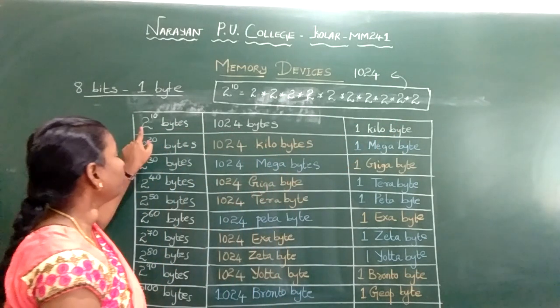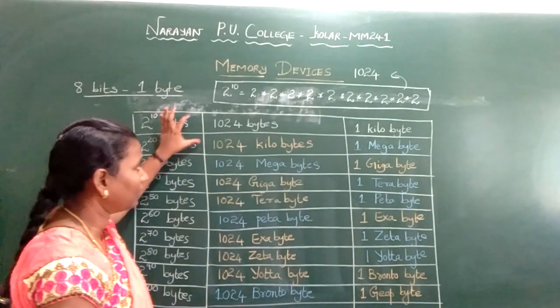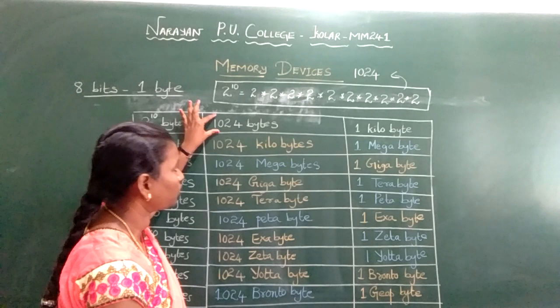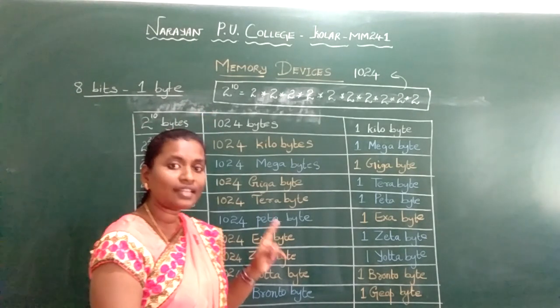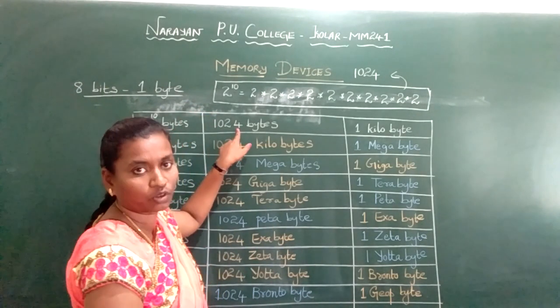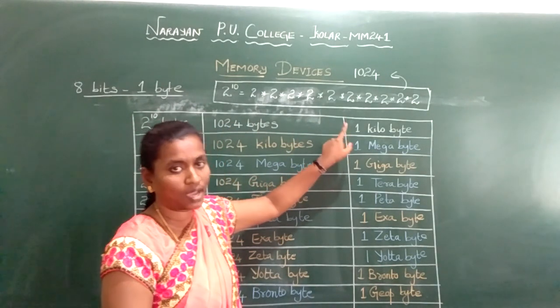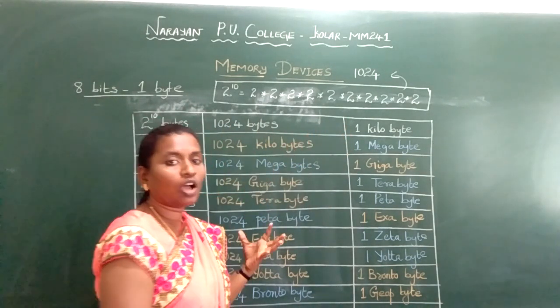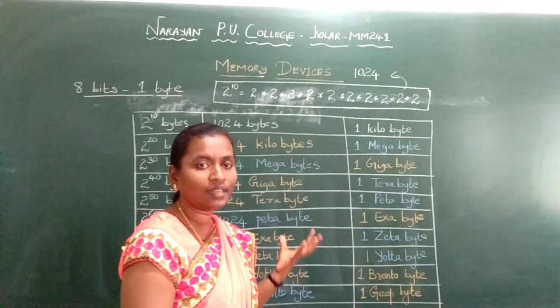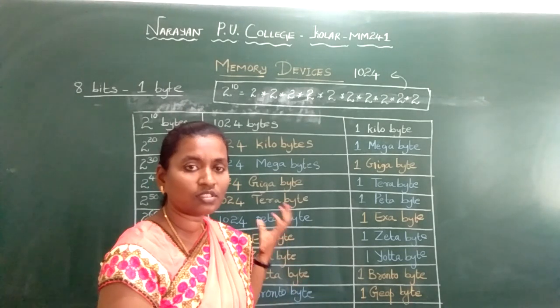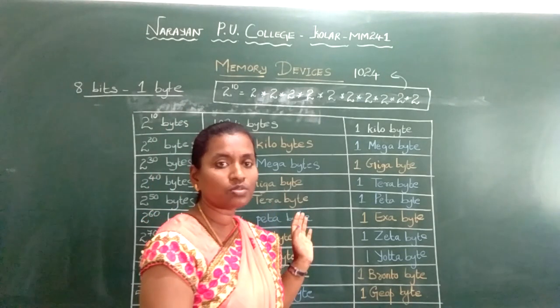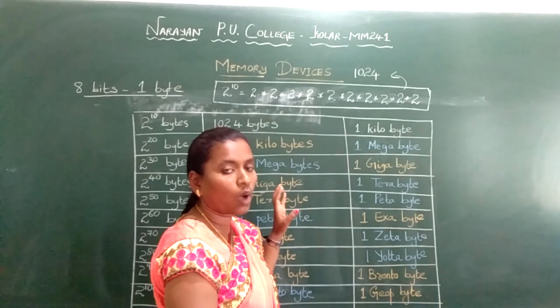I repeat, when you multiply 2 ten times, we get 1024, so 1024 bytes make 1 kilobyte. Usually 1000 we call kilo, but in terms of memory, 1 kilo is not 1000, it is 1024.